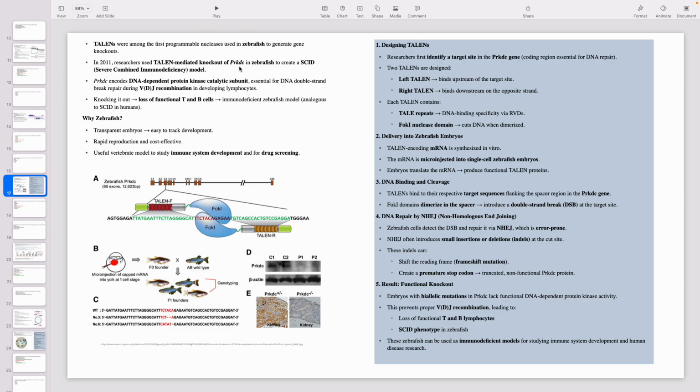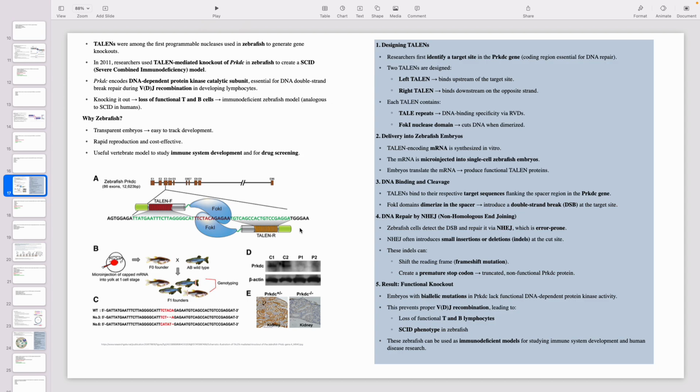After knocking out this gene, it leads to the loss of functional T lymphocytes and B lymphocytes, which results in immunodeficient zebrafish. This zebrafish can then be used to study immune system development and for drug screening purposes. So that is why these gene knockouts are made in zebrafish.